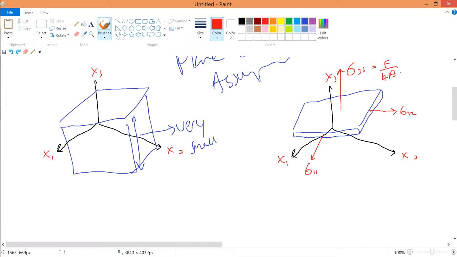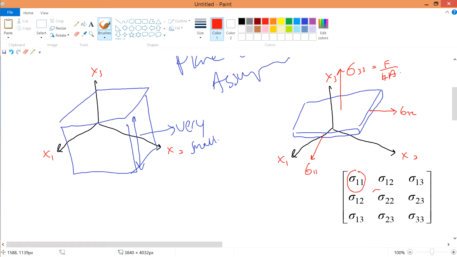Now, sigma 22 and sigma 11, their area is so small, so when you divide by a very small area, you have a very large stress over here. And this is why we have sigma 11, sigma 22, sigma 12. I'll paste this here. So I have this one, I can also have this one, and I can cancel this one. How about the explanation for sigma 13 and sigma 23?